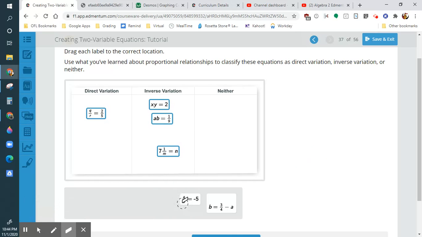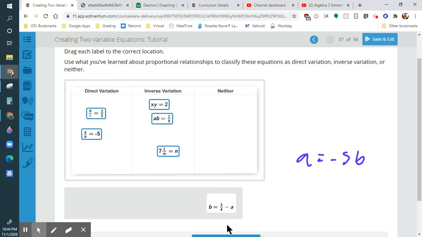This one we have on both sides, so if we multiply by 5, even though our slope is negative, we have a equals negative 5b, it's still a direct variation. It's just our slope's negative. So this is going to be a direct variation.